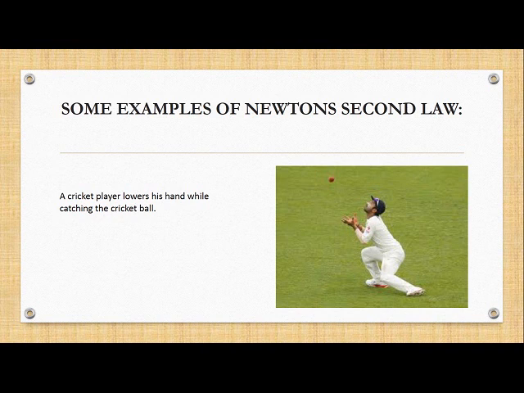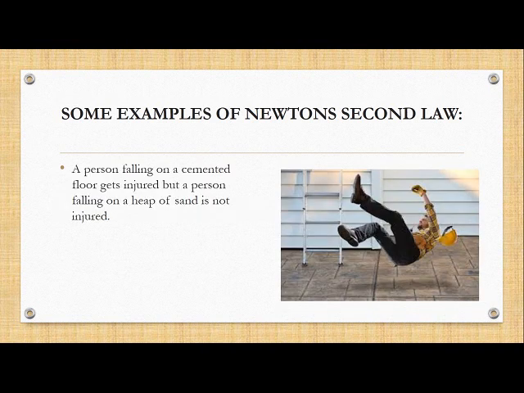Today let us understand Newton's second law examples with some interesting figures. In this picture you can see the bowler is catching the ball, but when he catches the ball he lowers down his hands so that the momentum produced in this particular case is less and his hands are hurt less. Now children, by mistake you must have fallen sometime in your home when it was wet during the rainy season. Take care of yourself, but I'm just asking, you must have slipped sometime.